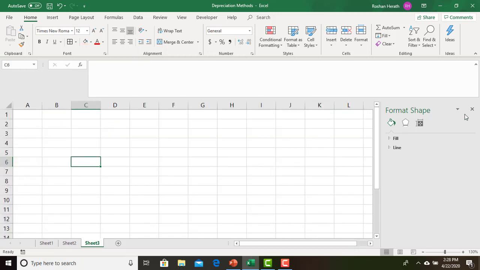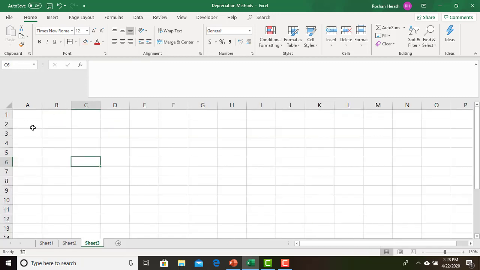So under this method, first you take the information: the cost, then the salvage, and then the life. It is 100,000, salvage 10,000, life 10 years.